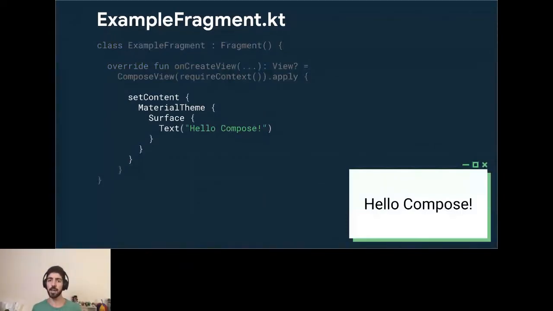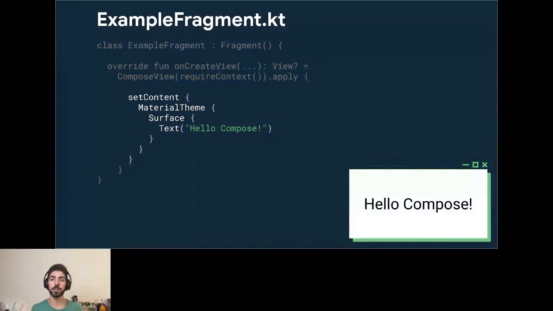But then, of course, things can get more complicated. Let's say you have a more complex UI, and because of some reasons you need multiple ComposeViews in your hierarchy. For example, here we have a linear layout, and we want to add a couple of ComposeViews with a text view in the middle. Here, you don't have to forget about unique IDs.